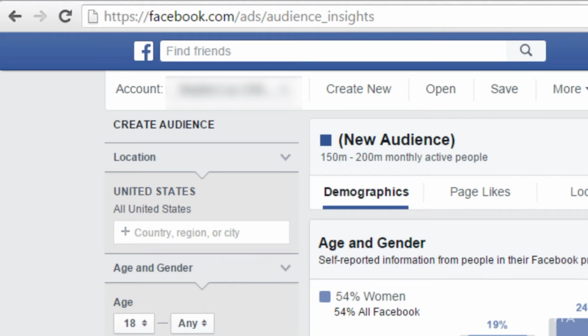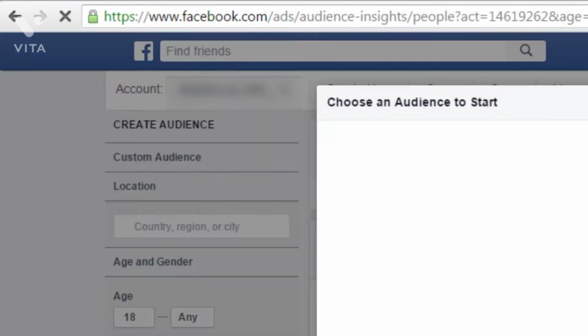Now, you obviously do need to have a Facebook account in order to do this. If you log into your account and you go specifically to facebook.com/ads/audience_insights, as you can see here in the address bar, you will see the following page.